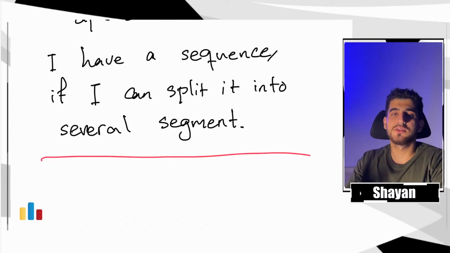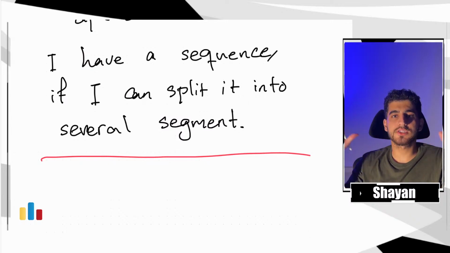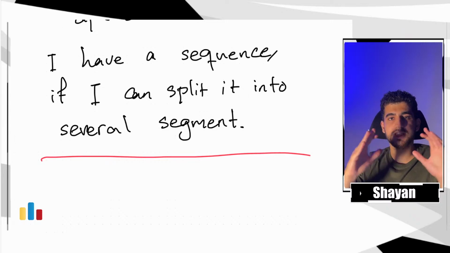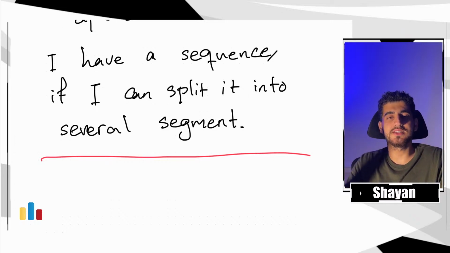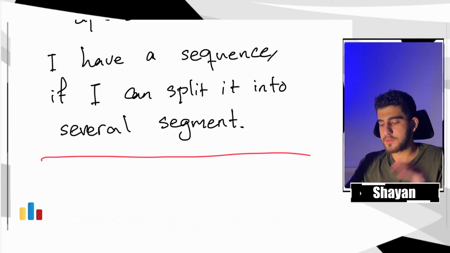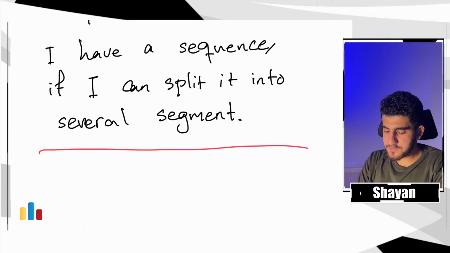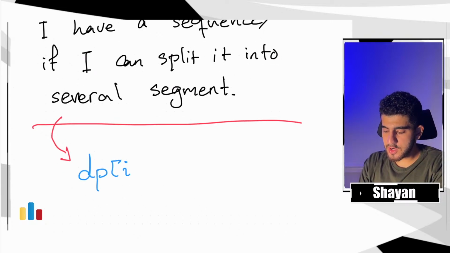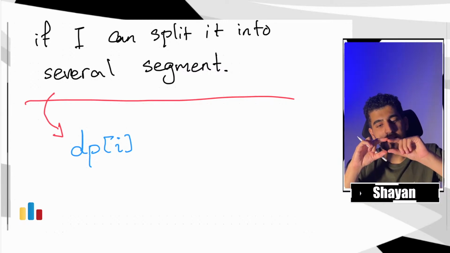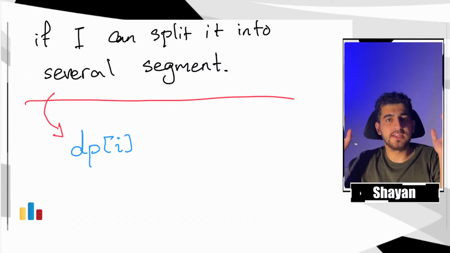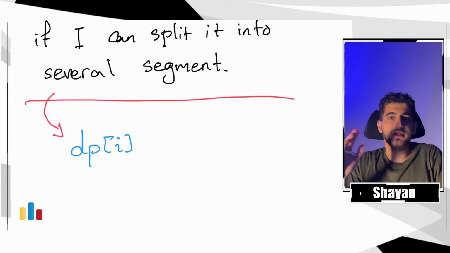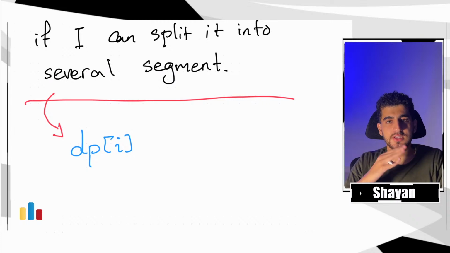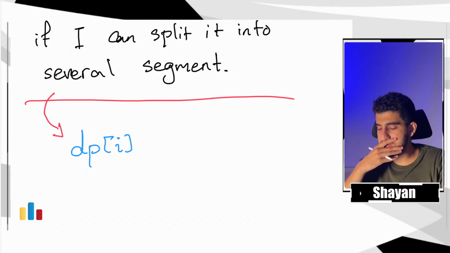I want to apply DP on this problem, so I need to define several subproblems in order to solve this problem. Maybe I can define several subproblems such that these subproblems make my work easier to solve the whole problem. So what can that be? That can be, for example, DP of I. Instead of finding if I can split the whole array into several segments, what I can do is to find out for every prefix of the array if it is valid, if I can split it into several subsegments or not.